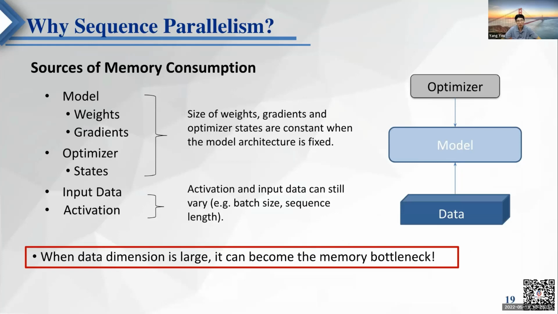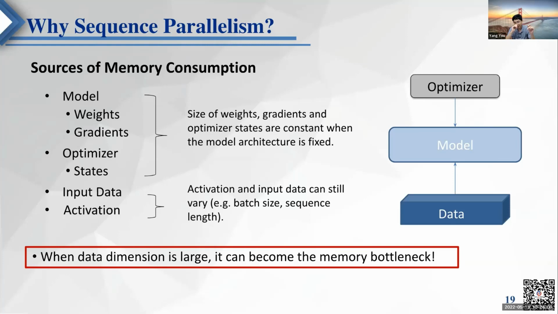And also we introduce sequence parallelism. The idea is that in the future, for example, in 5G applications or in IoT applications, you will have a long sequence. For example, with recent AI models like ViT, even if you want to process an image, you partition the image into different patches.